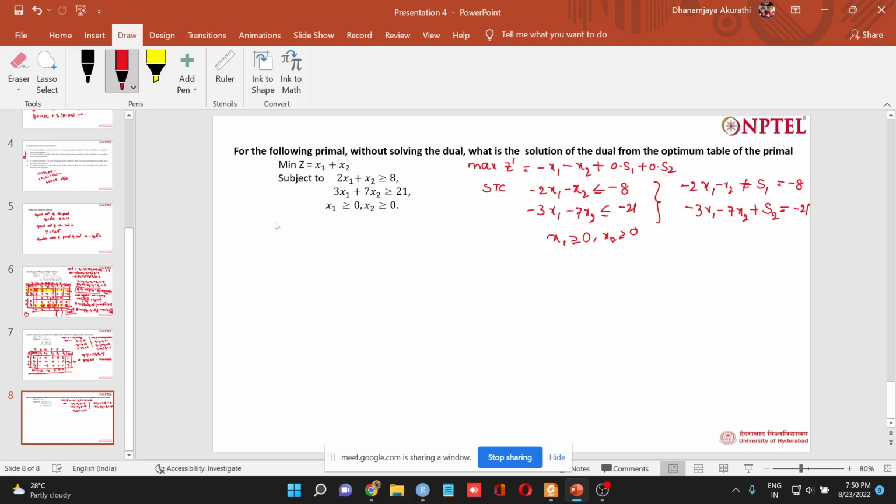Here we can observe that the RHS values also involve negative signs, so it is better to go with the dual simplex method. Here we find C naught and the basic variables. If you have any doubts, I can tell you. Previously I showed you how to solve with the dual simplex method. X1, X2, S1, S2. There are only two variables and two basic variables, so you can easily solve. Not that much time is taken.